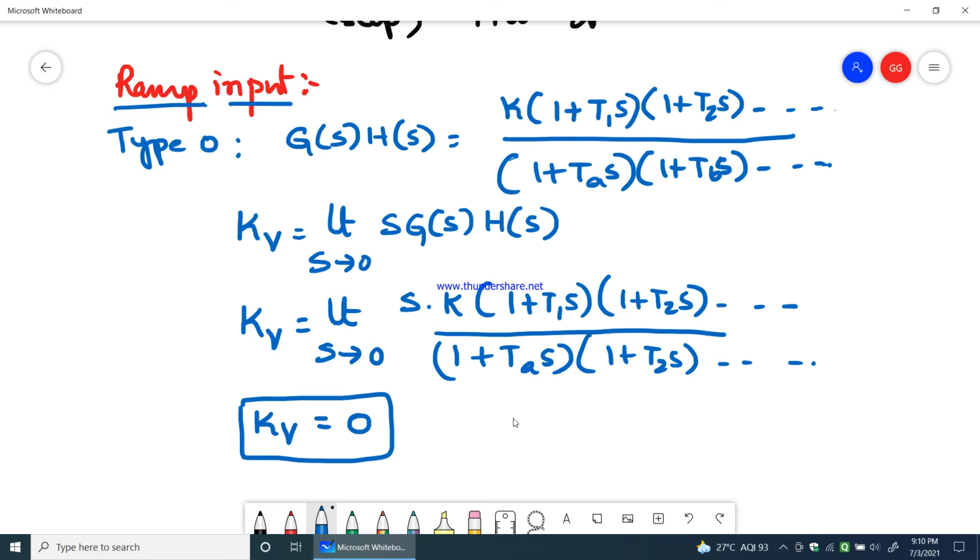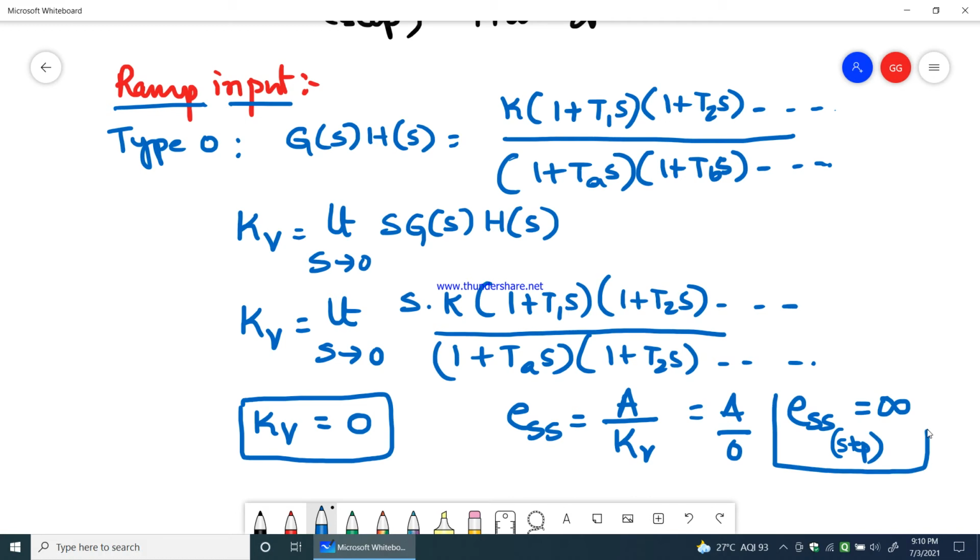Now we know that the steady state error for a ramp input that we have calculated earlier is A divided by Kv, which is A by 0. Therefore, the steady state error for type 0 system would be equal to infinity for ramp input when type 0 system is considered. So you are getting infinite error.